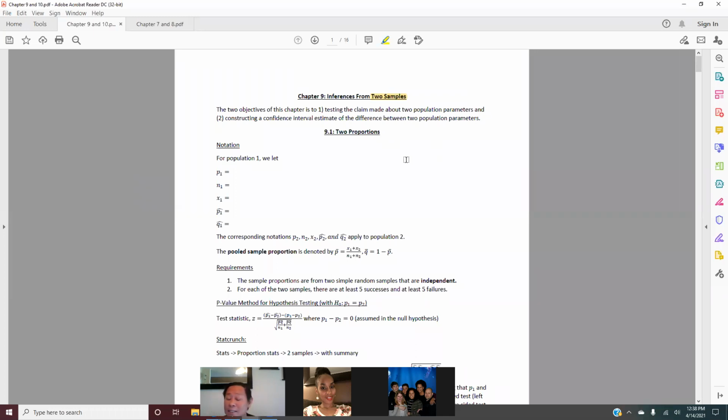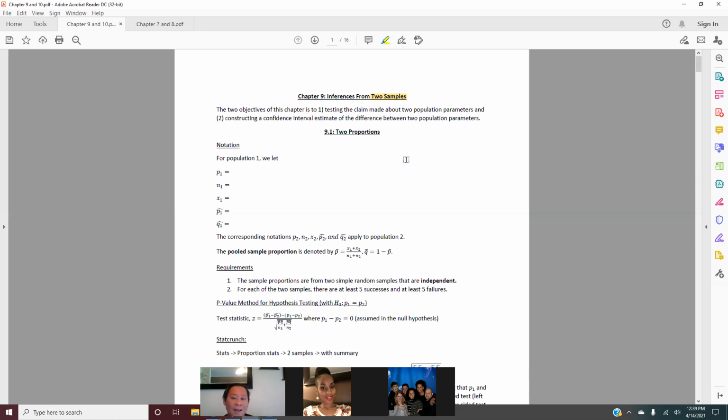In chapter 9, we will combine hypothesis testing and confidence intervals together in one section. So when we do two proportions here in 9.1, you are doing both things. Part A is the hypothesis testing, the 7 steps that you did in chapter 8. And then in part B, you will do a confidence interval, like what you did in chapter 7.